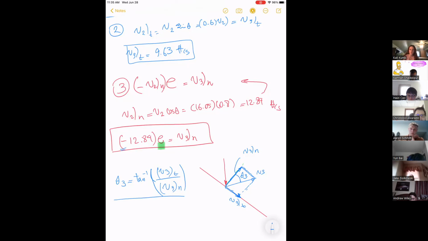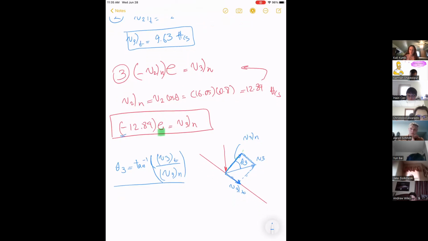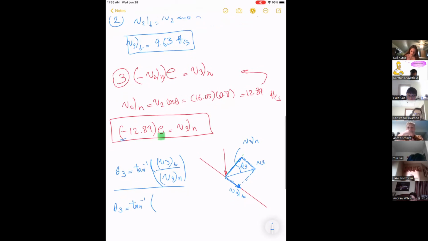Now, you may realize that if I put the numbers, theta 3 is going to be tan inverse of a number over e. So you're going to get the tangential component, which is 9.63. In the denominator, you have 12.84. Remember, this is just a value, so I don't put the number, e. So this is not really helpful, is it?